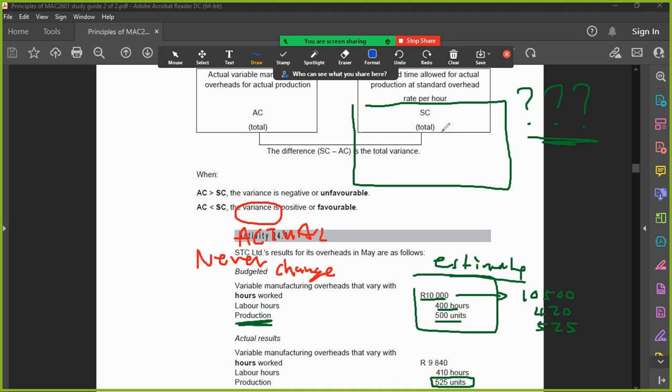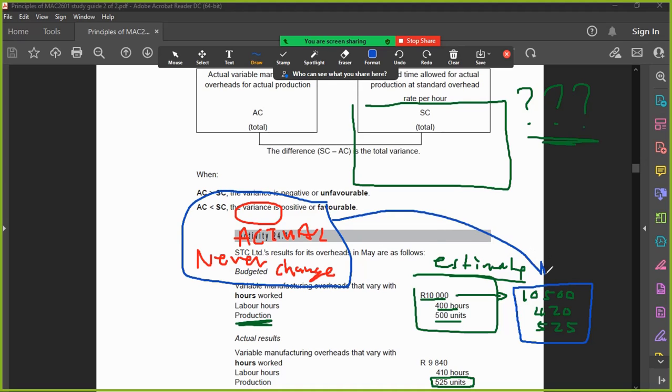Because remember, we're now going to compare this to the actual, and we're going to be looking at a variance. It's like comparing apples with apples. You can't compare 500 units to 525 units, because that's like apples and oranges. Does that make sense?